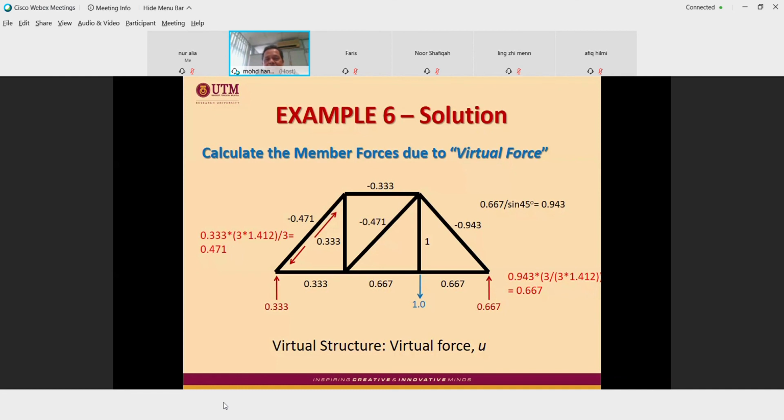Next week we will go to another topic on deflection of beam and then column. We have another 3 weeks before we end this lecture for the final exam.